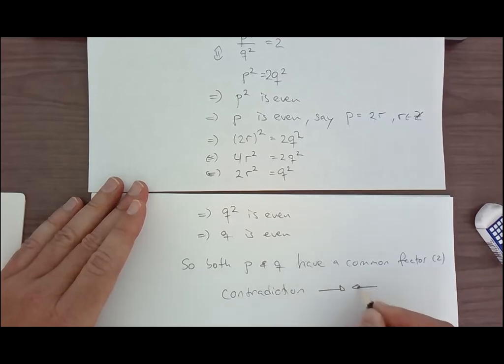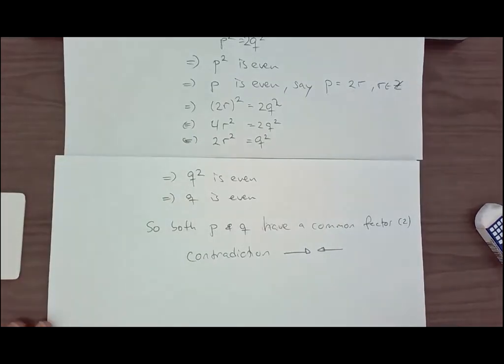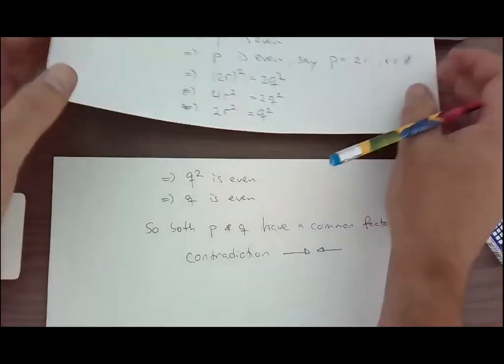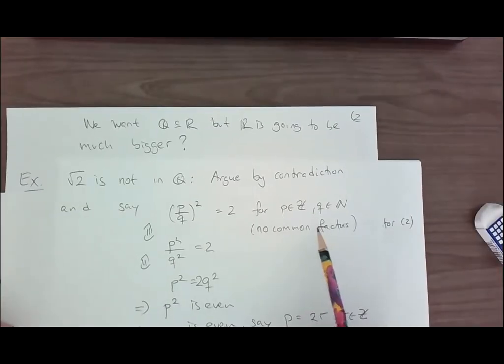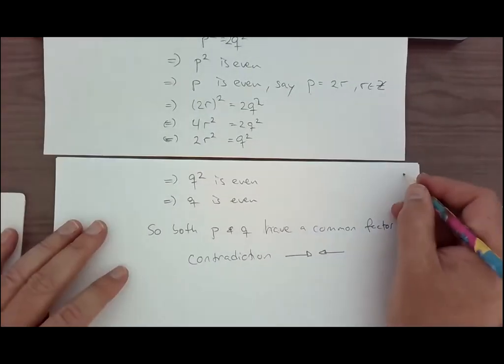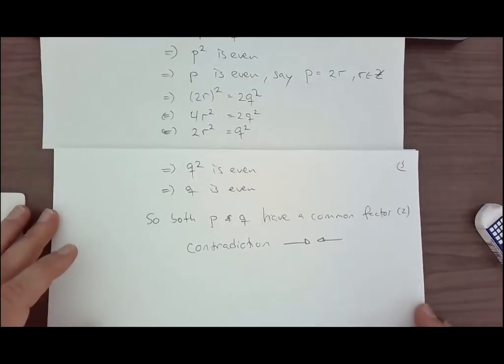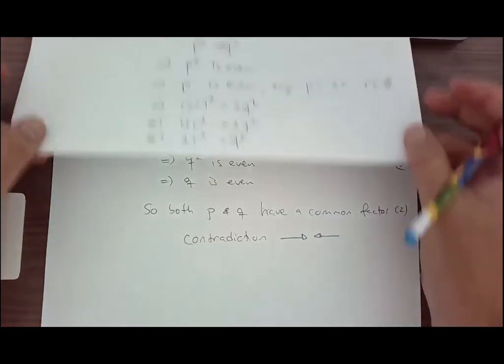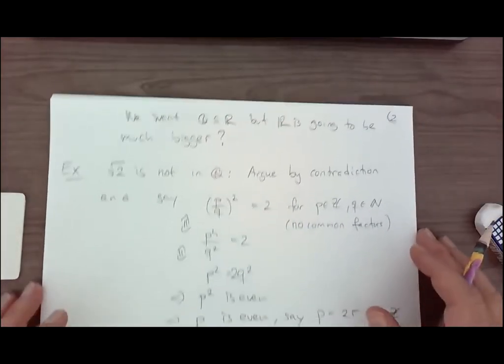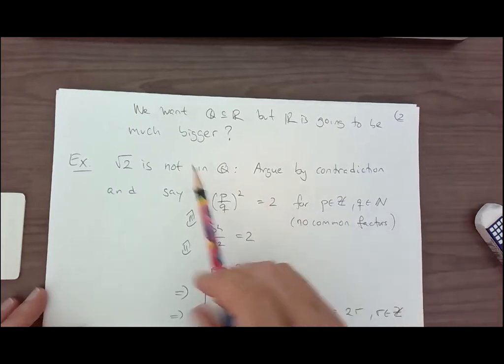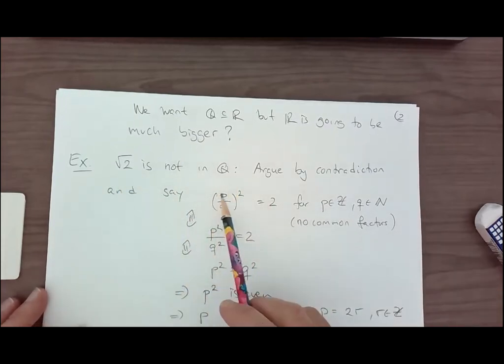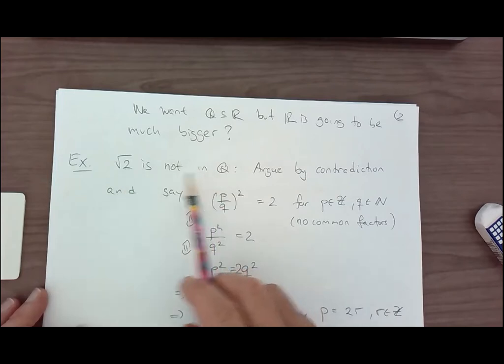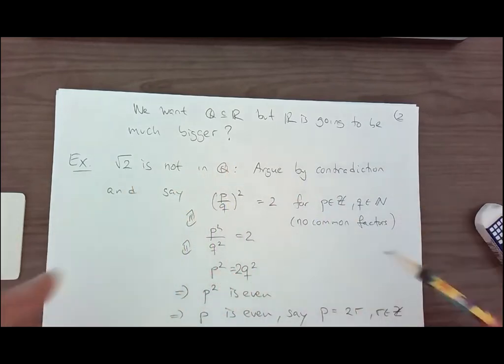I write contradiction like this. Because the starting point was that they didn't have any common factor. And now I went through it, and they had a common factor. So that's a contradiction. And that means that I've made an assumption that is not valid. The assumption I made was that this was indeed in Q. So that leads to a contradiction.